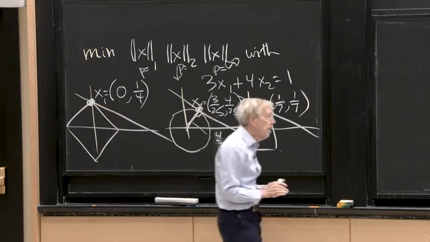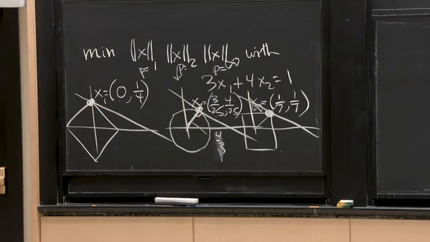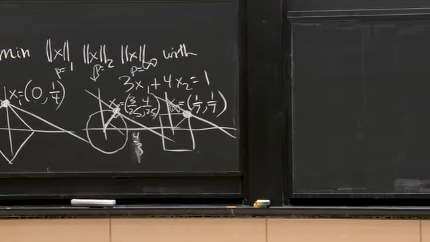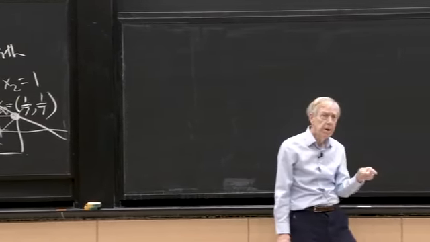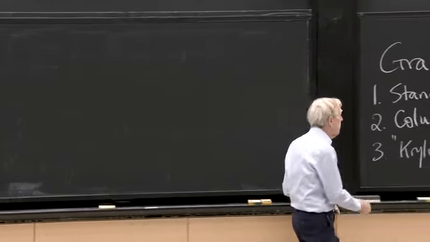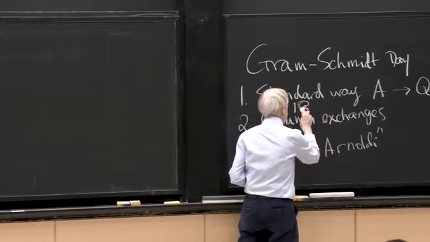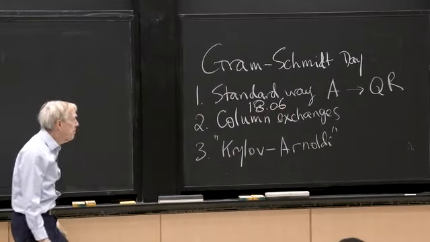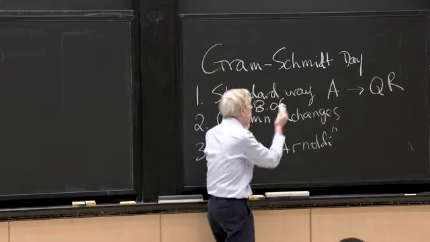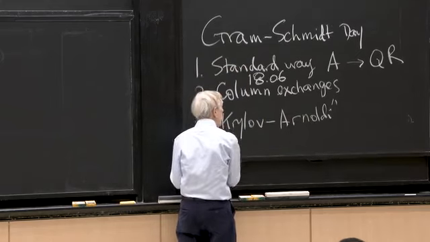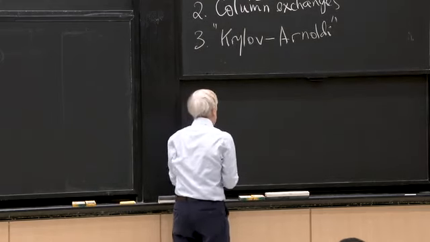Now I'm coming to the topic of the day, which is Gram-Schmidt. Gram-Schmidt, number 1, is the standard way that would be taught in 1806. So what's Gram-Schmidt about? I'll just put down here the general facts of Gram-Schmidt.